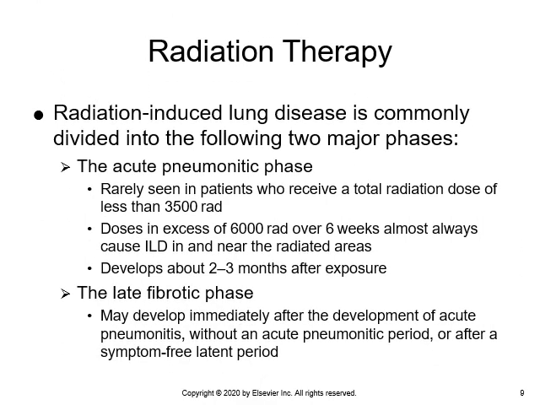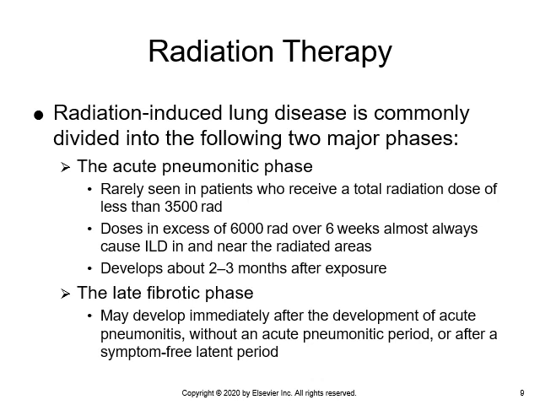Radiation therapy in the management of cancer may cause interstitial lung disease. Radiation-induced lung disease is commonly divided into two major phases: the acute pneumonitic phase and a late fibrotic phase. Acute pneumonitis is rarely seen in patients who receive a total radiation dose of less than 3,500 rads.